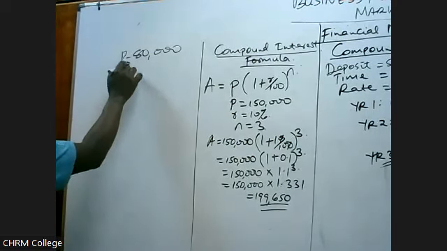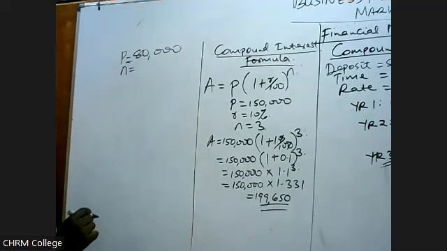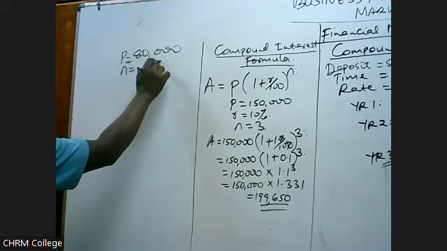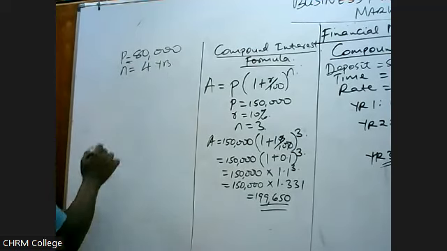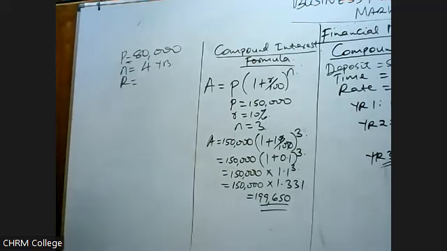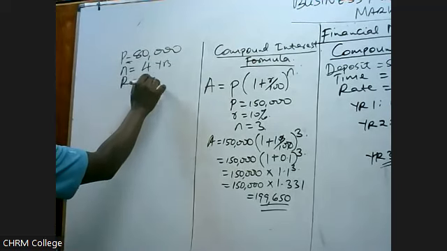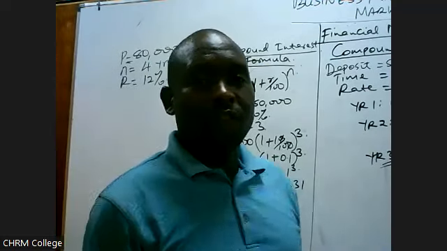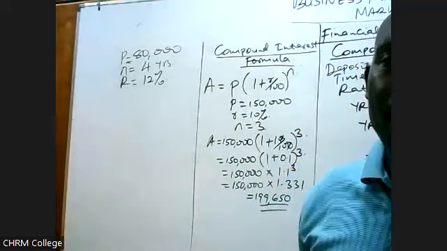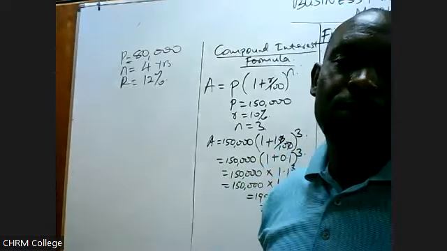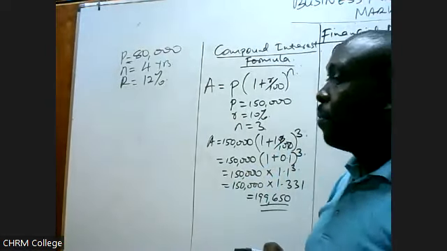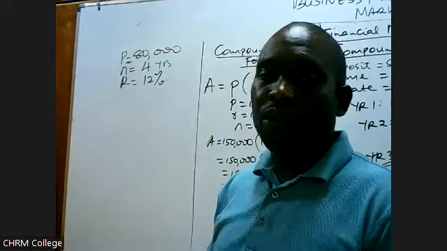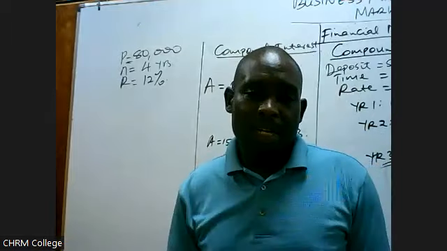Then he's supposed to pay back that particular loan after maybe 4 years, and the compound rate of interest is 12%. So now the question is, how much will the businessman pay to clear that loan if it is under the compound interest?